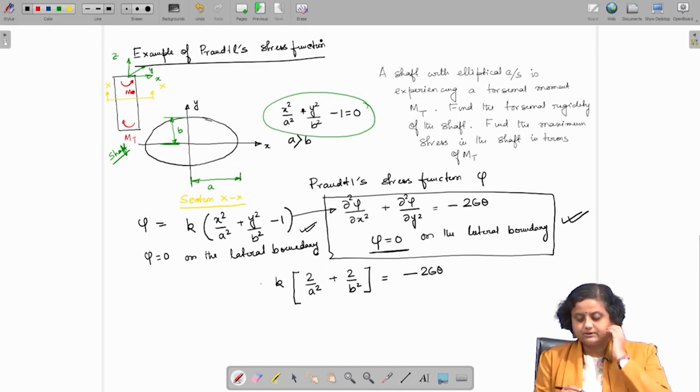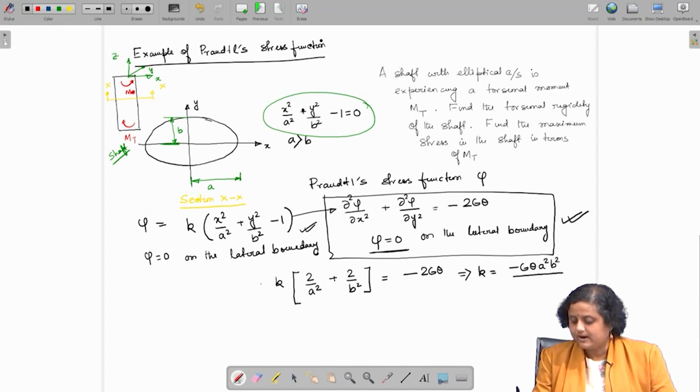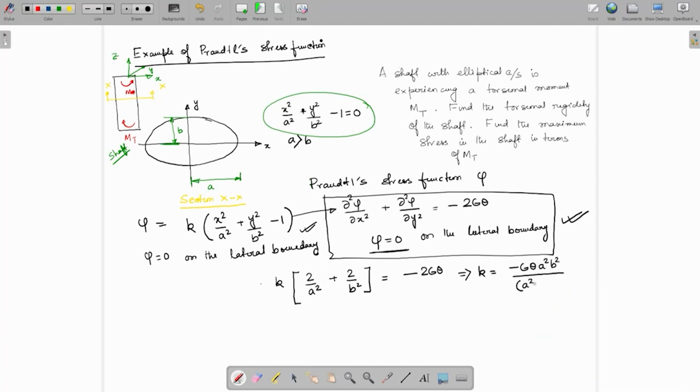Therefore, if k is equal to minus G theta into a square b square by a square plus b square, then this criteria is also satisfied.